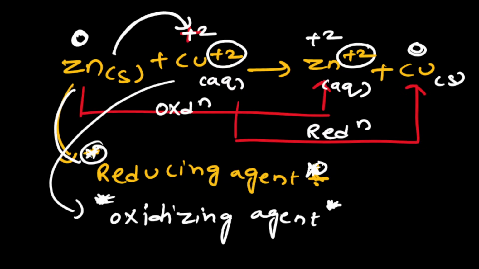Here, instead of identifying in the reaction, I will tell you one trick to identify which is the oxidizing agent and which is the reducing agent, among the given species. First one, minimum oxidation state.